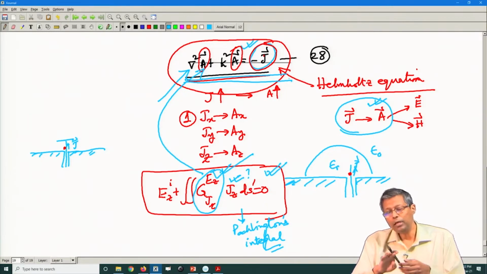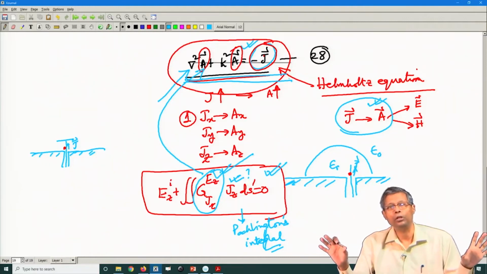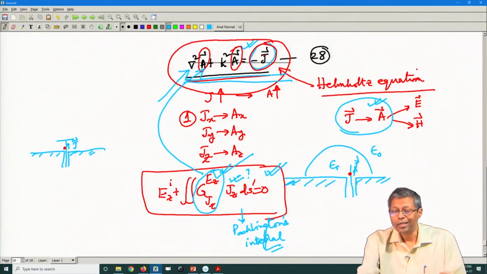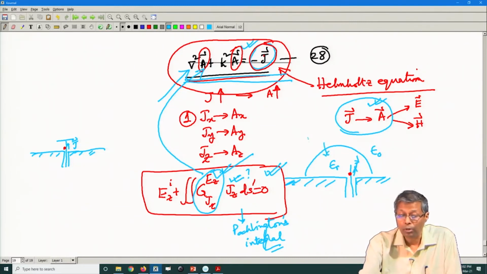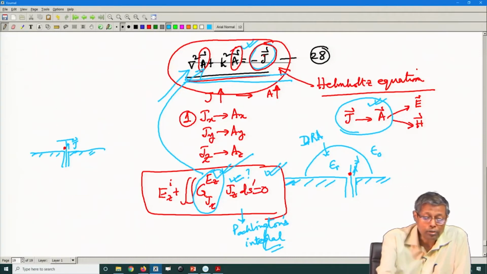Because of this, many scholarly works, many papers, many manuscripts in this area will title their work as Green's function for this situation, Green's function for a coaxial probe excited dielectric resonator antenna, which is this one, DRA or dielectric resonator antenna, or a Green's function for a coaxial probe excited microstrip patch.